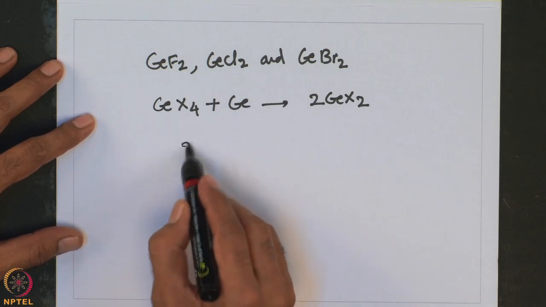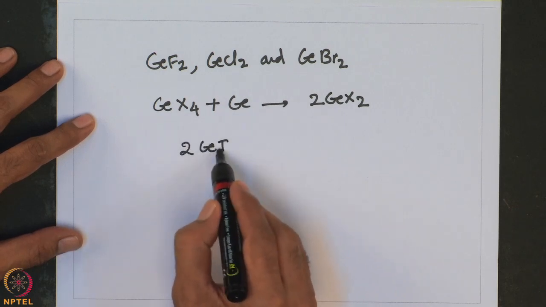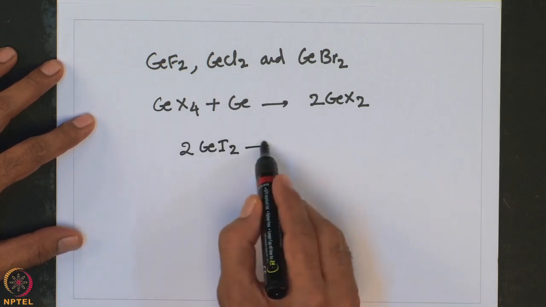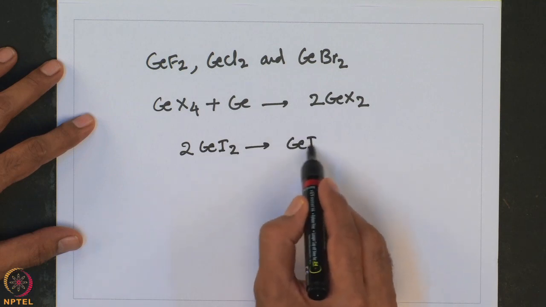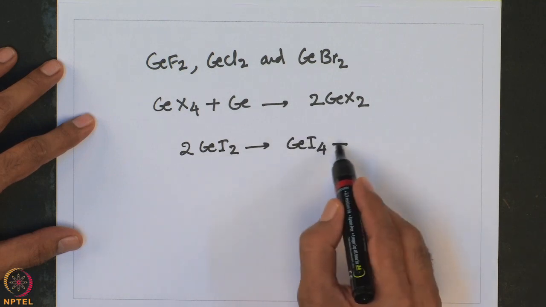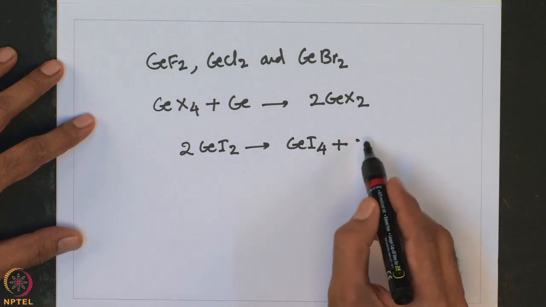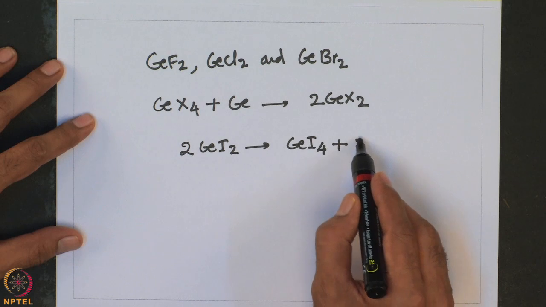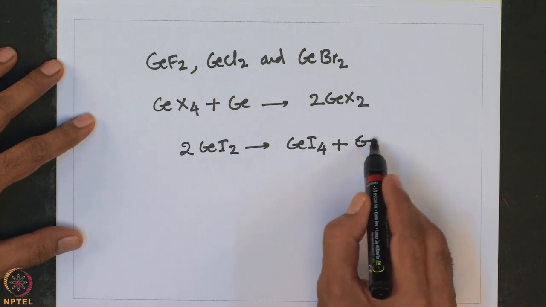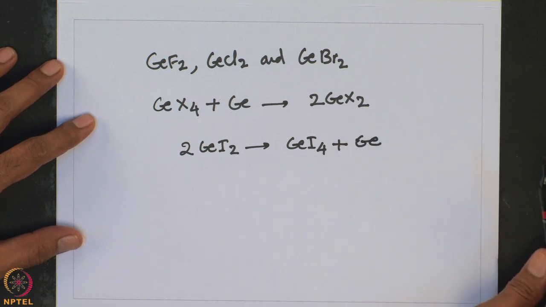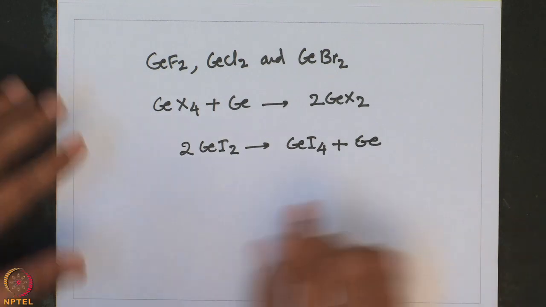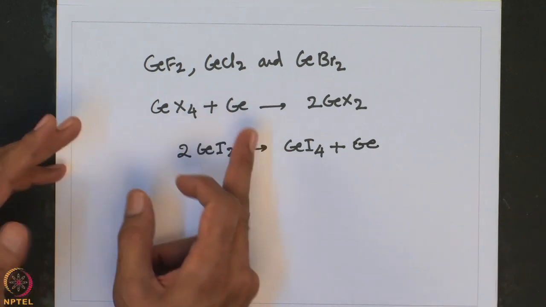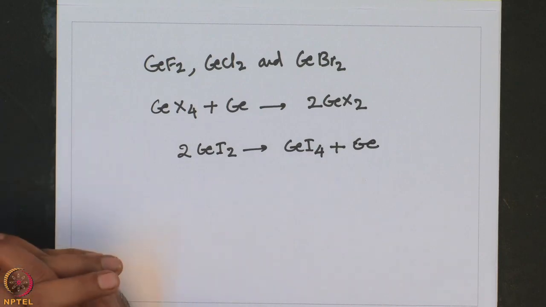For example, let me consider germanium diiodide reaction here. So, this is a typical disproportionation reaction.